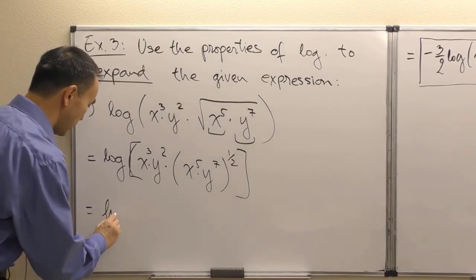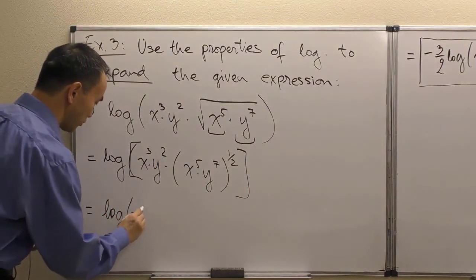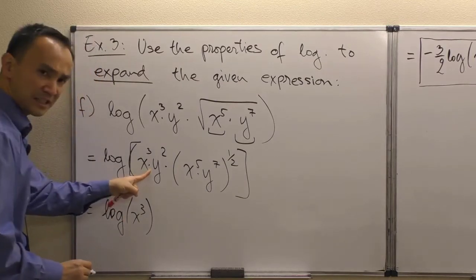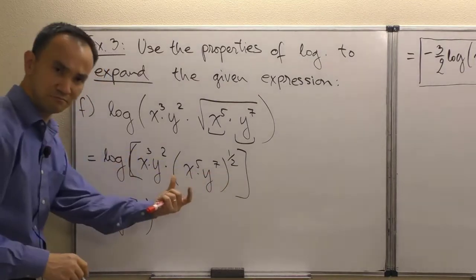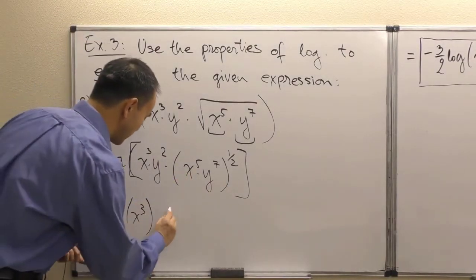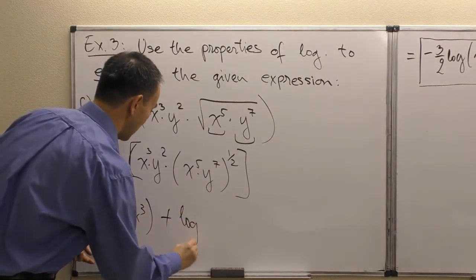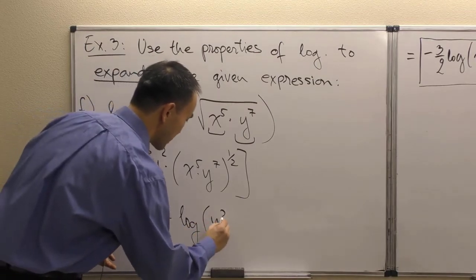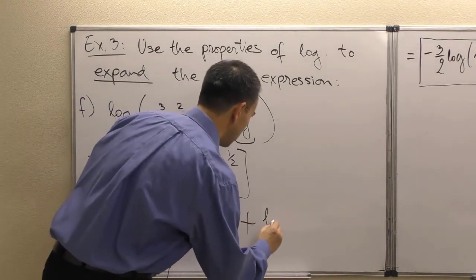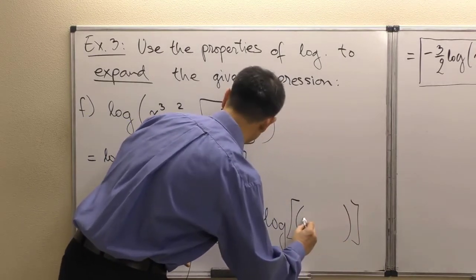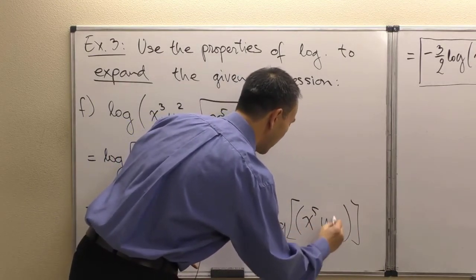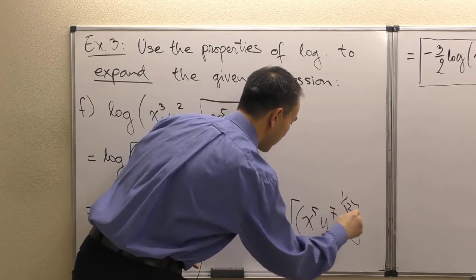I have a log base 10 of x cubed, and there's a product here. So these products are at the same level of priority, plus log base 10 of y squared plus a log base 10 of that x to the 5th, y to the 7th, to the 1/2 power.